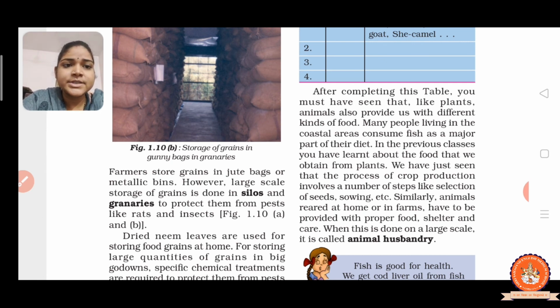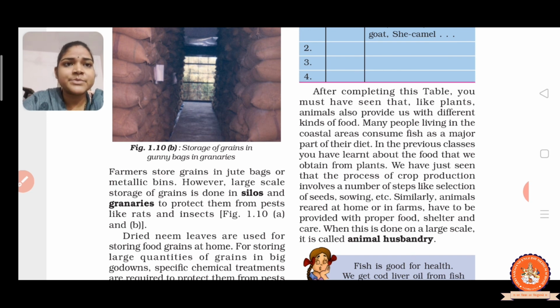We have just seen in this chapter that the process of crop production involves a number of steps like seeding, sowing, adding manure and fertilizer, harvesting and so on, right? Similarly, animals reared at home or on the farm have to be provided proper food, shelter and care. When it is done on a large scale, it is called animal husbandry.